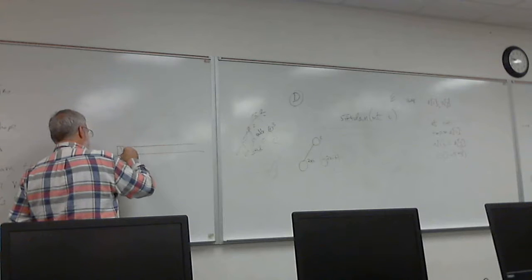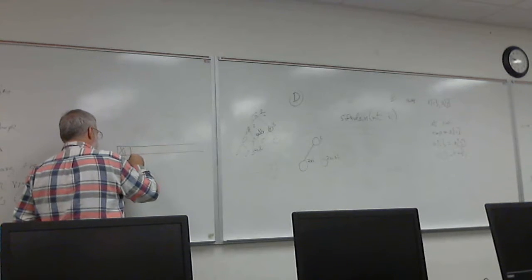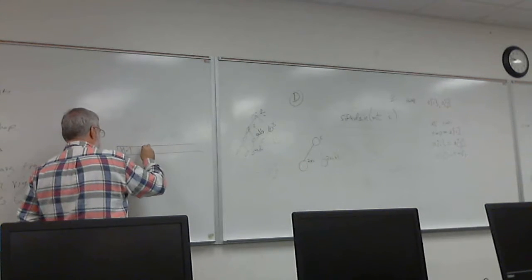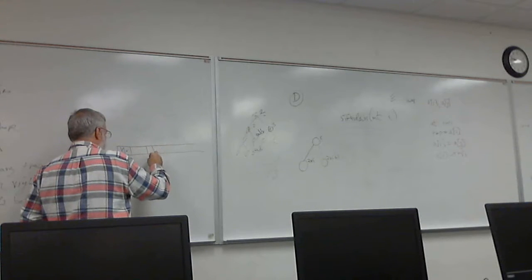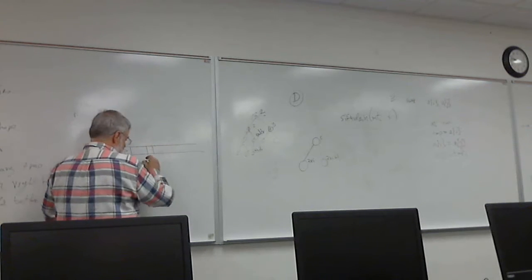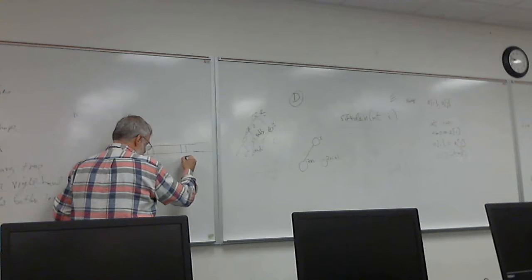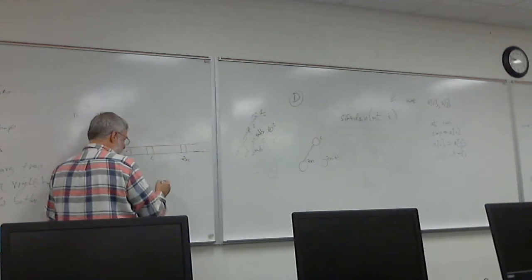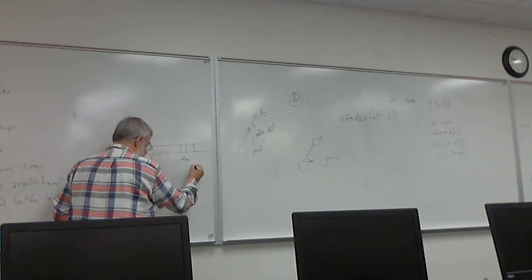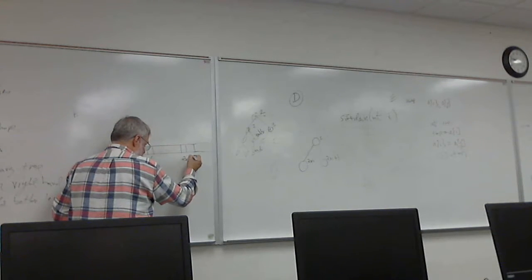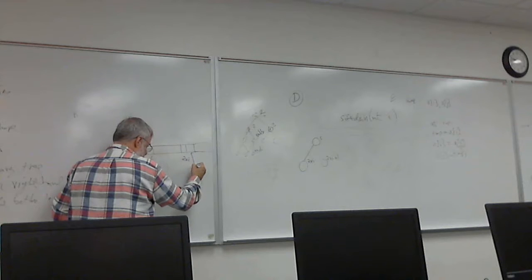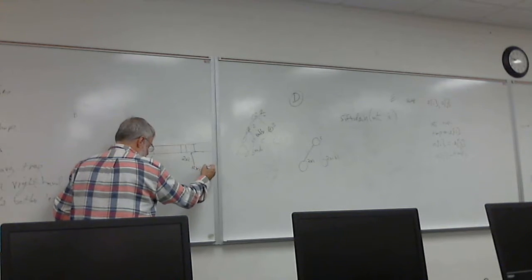Again, index 0 that we aren't using, index 1, and then that's filled, and then somewhere here we've got index I, and then further on we have index 2 times I, and right next to it, that's 2 times I plus 1.